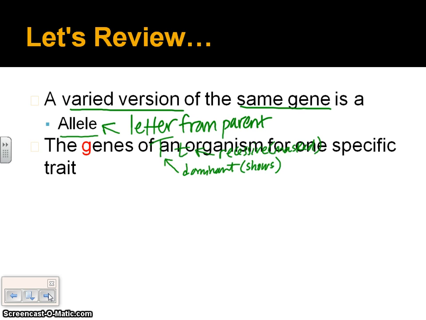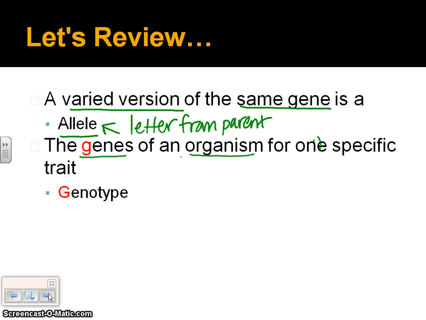Okay. The genes of an organism for one specific trait are those alleles, which are referenced as the genotype or the letter combination. So let me erase this so that you guys can see that. The genes of the organism for a trait, just what I've underlined is all you need to write down, are the genotype.